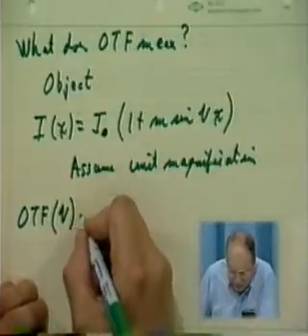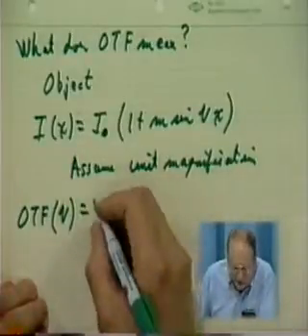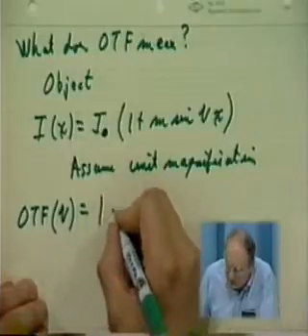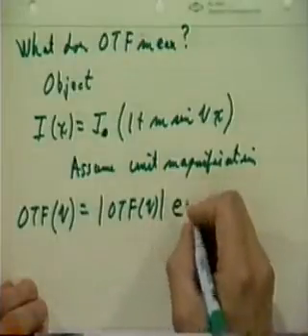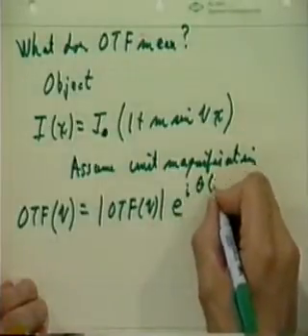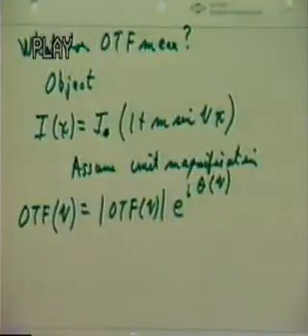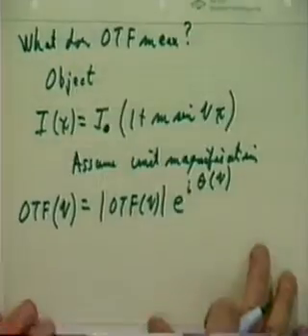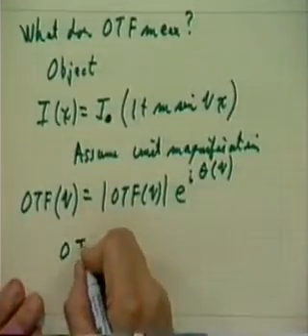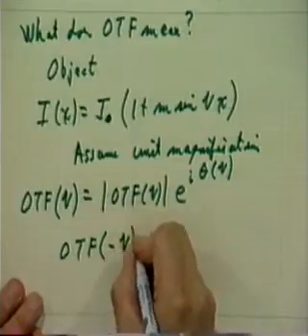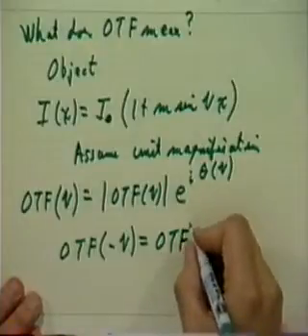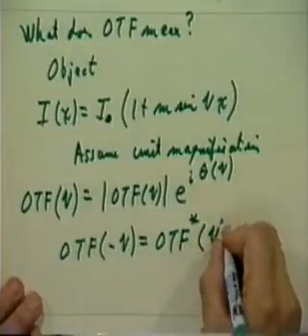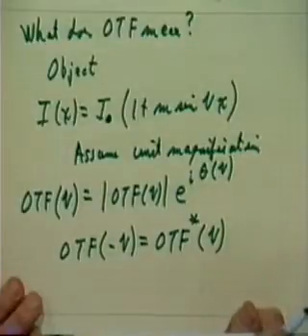And so we say OTF as a function of frequency is equal to the magnitude of the OTF times the phase, e to the i theta, which is a function of frequency. Okay? I'm going to want to make use of the property of the OTF at minus frequencies. We said this was what? Hermitian. And so it's going to be the OTF complex conjugate of frequency nu.